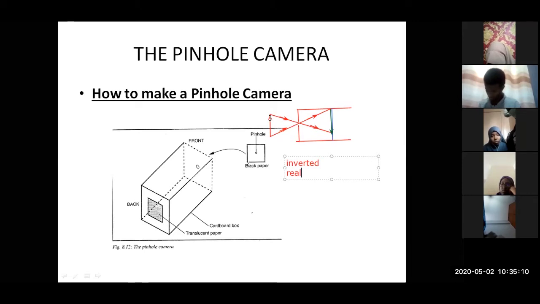Then put an arrow at the top of the object. Then on every ray, you show an arrow outside and an arrow inside.